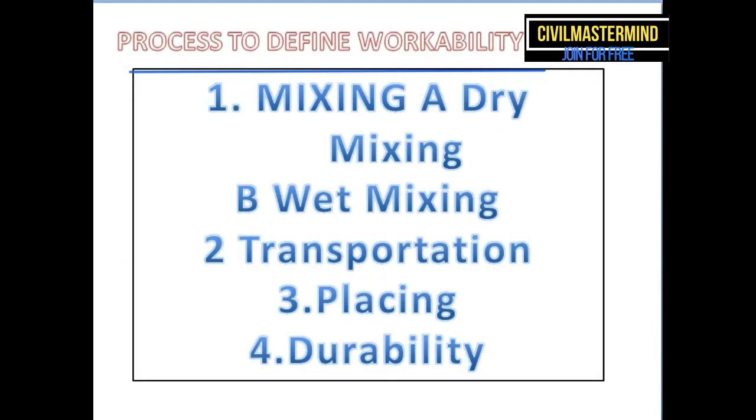Finally, to conclude, there are four processes for keeping the workability and defining the workability in the best form. Number one is the mixing. Now, when we talk about mixing, it means the mixing of the aggregates.